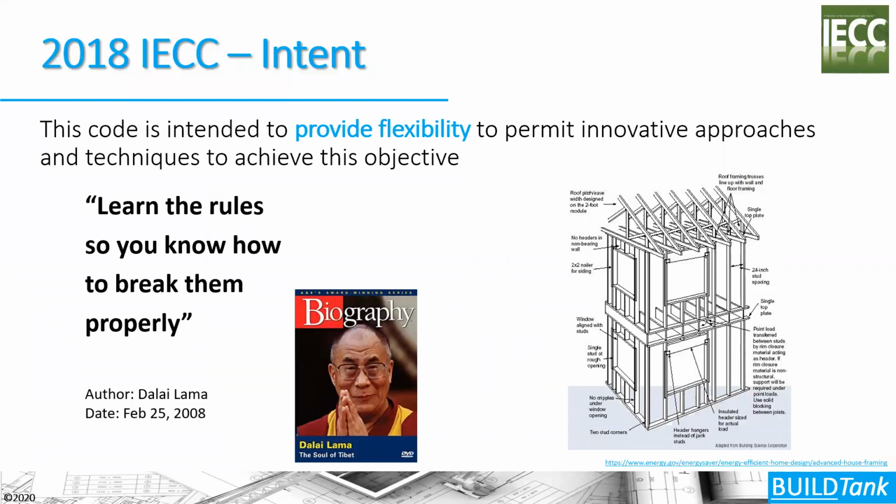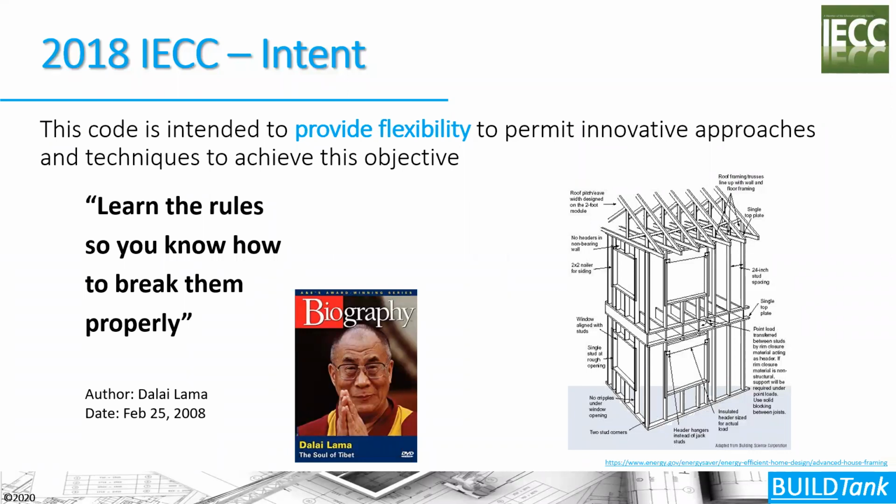The Dalai Lama says that we need to learn the rules so that we know how to break them properly. So if we learn the rules and figure out the flexibility in the code, we see that the code isn't limiting us from doing what we've done in the past or from being innovative in the future.